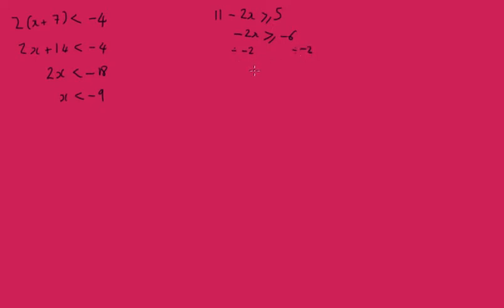When you divide or multiply both sides by a negative number, you switch the direction of the inequality. So minus 6 divided by minus 2 is going to be 3.